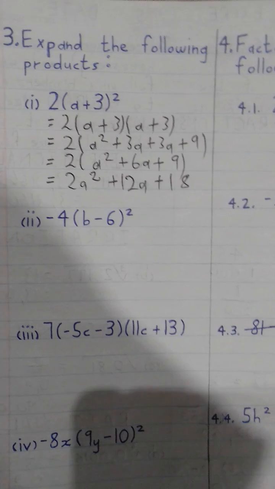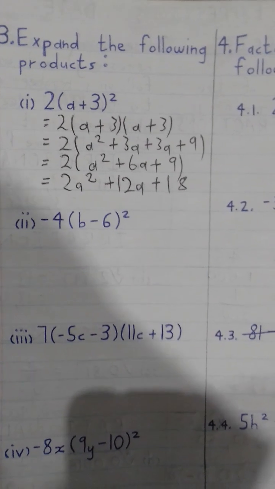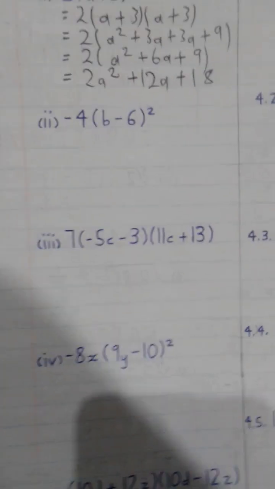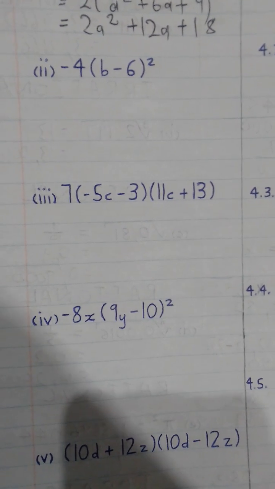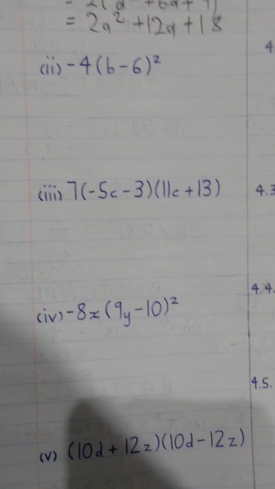I hope that is clear, and I hope that makes sense. Roman numeral number 2, negative 4 open bracket b minus 6 close bracket squared.